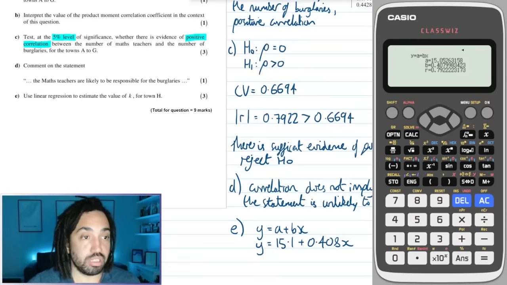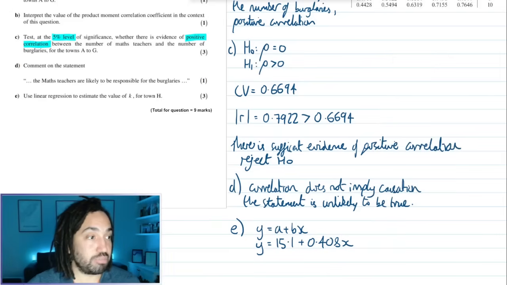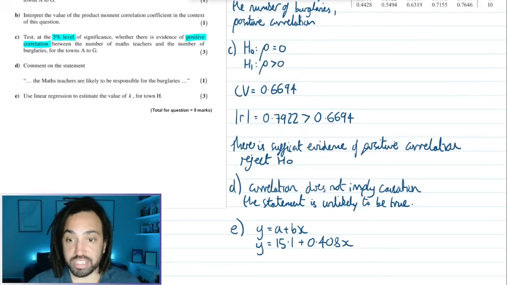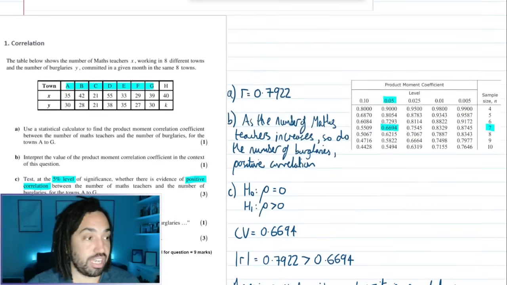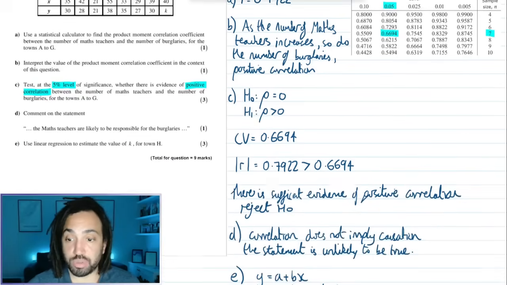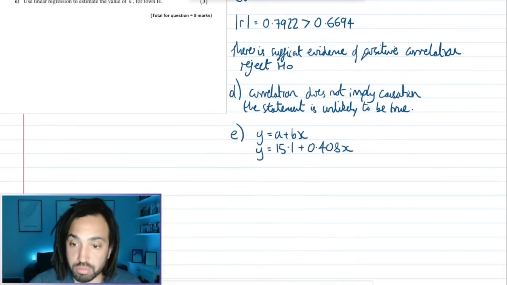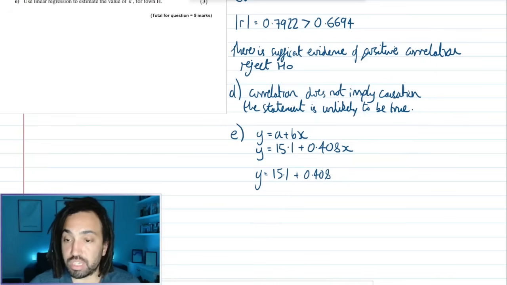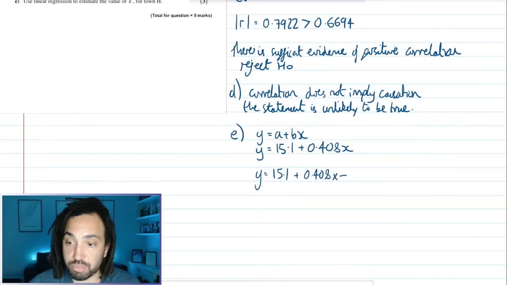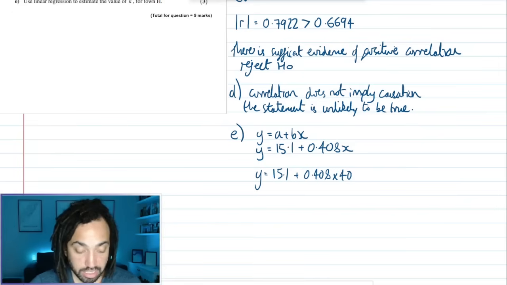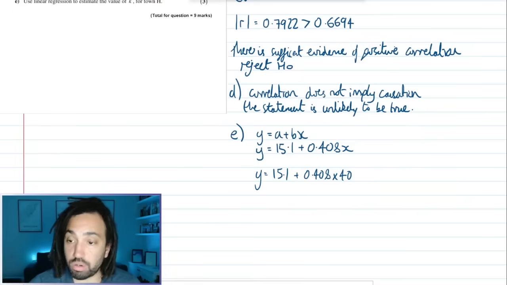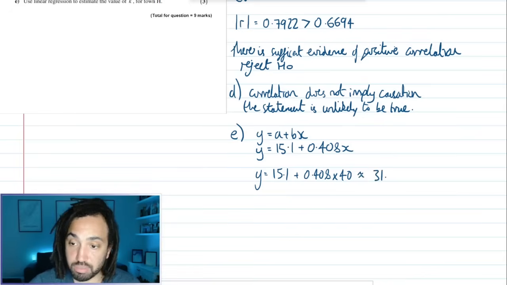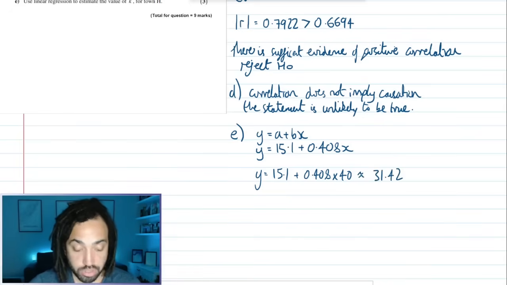We don't need you anymore. So we can use this now to estimate what the value of k is. Because if we go back up, we can see that k is unknown. It's a y value, which we don't know what it is, but we know it has a corresponding x value of 40. So we can say that y is equal to 15.1 plus 0.408 times 40, and that's going to give us a value of approximately 31.42.